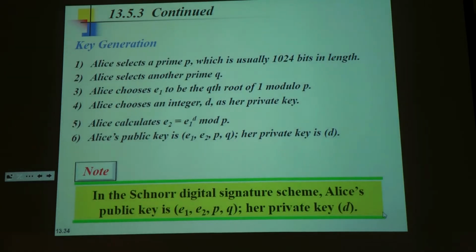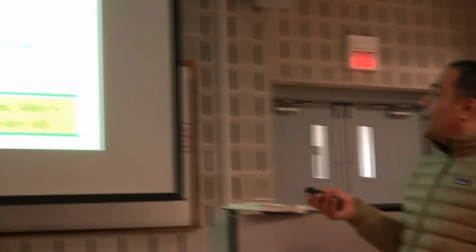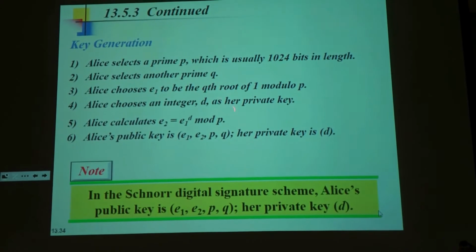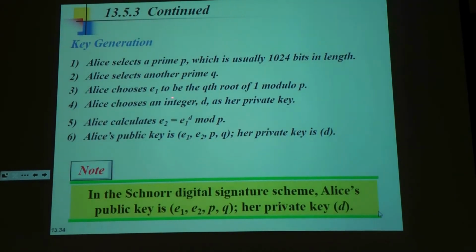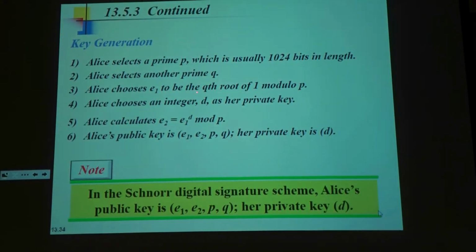Alright. For key generation for Schnorr, Alice selects a prime P, which is usually 1024 bits long. It has to be very long for security, right? So choose a prime. Then Alice selects another prime Q. Alice chooses E1 to be the Qth root of 1 mod P. And Alice chooses an integer D as her private key.